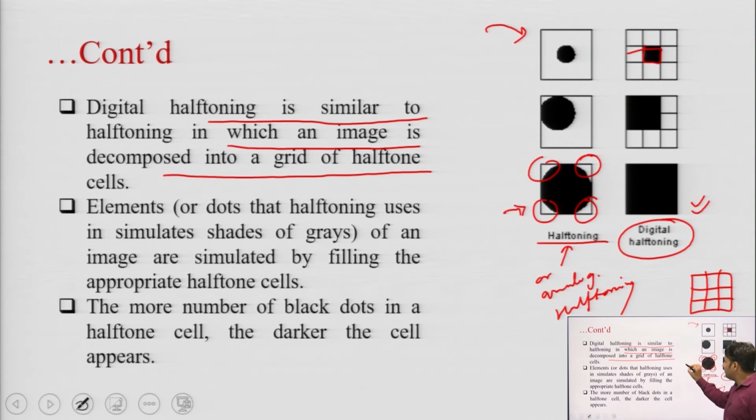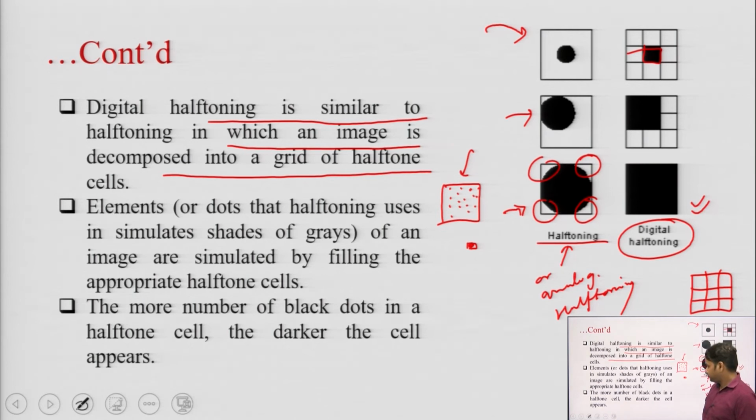So, for each and every dot, if we are forming this image and we take that dot in a rectangular manner, then the complete image can be formed. If we choose the circular form, then some of the portion is not completely filled. So, that is the difference between halftoning and digital halftoning.